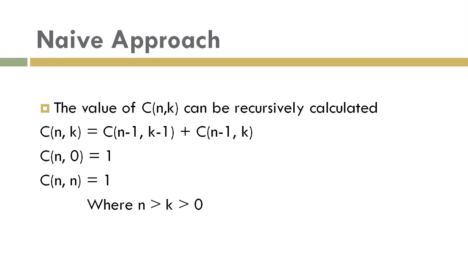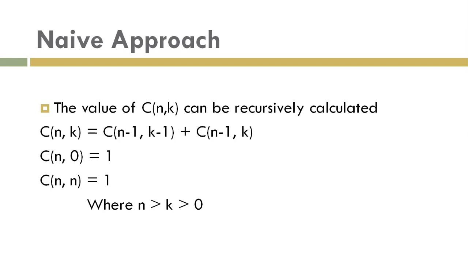The mathematical formula for calculating C of n comma k is: C of n comma k is equal to C of n minus 1 comma k minus 1 plus C of n minus 1 comma k, and C of n comma 0 is equal to 1, C of n comma n is also equal to 1, where n should be greater than k and k should be greater than 0. These are called a recurrence relation. This is my recurrence equation and these two are my base cases. With the help of this formula, we can calculate the binomial coefficient.